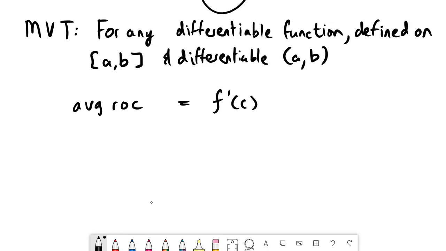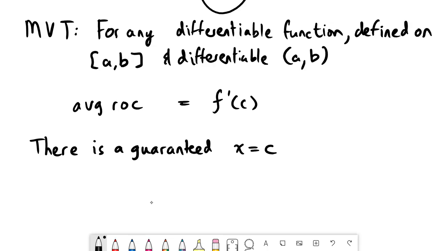There's going to be some value c, so there is a guaranteed c. There's a guaranteed point x equals c such that f prime evaluated at c is equal to the average rate of change.